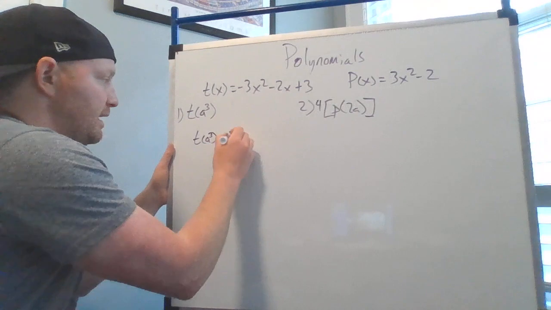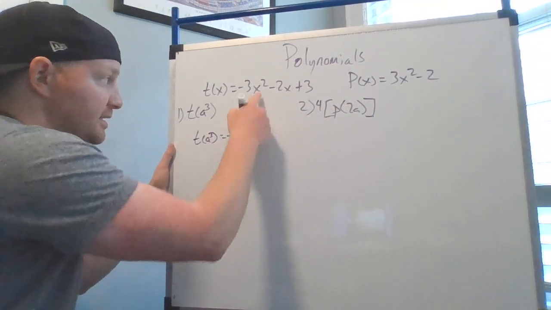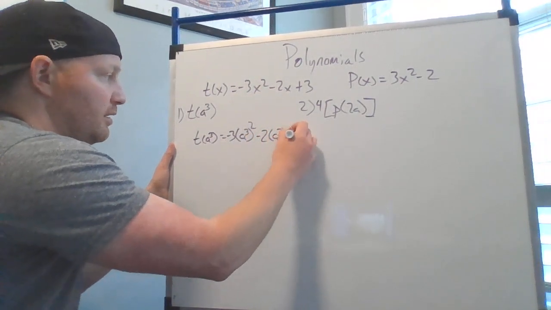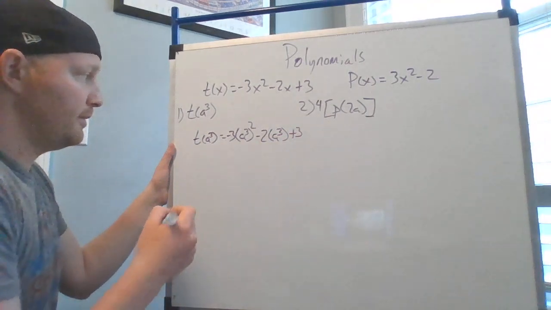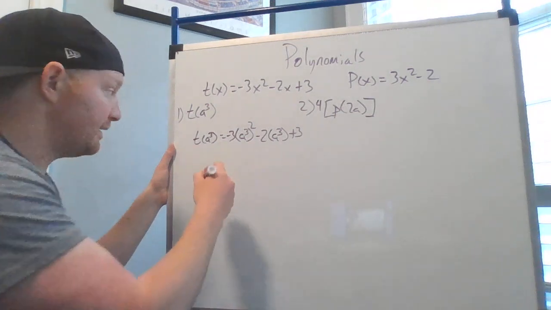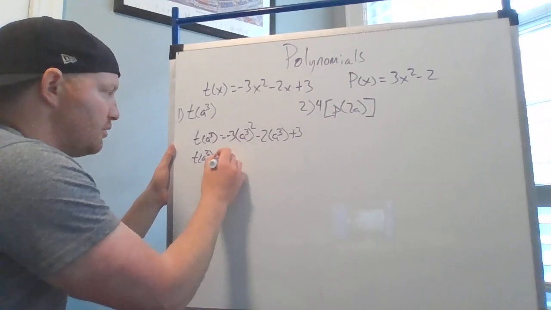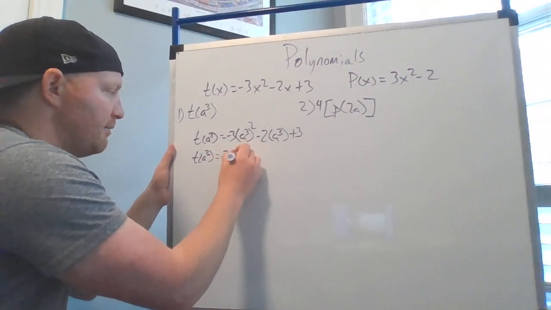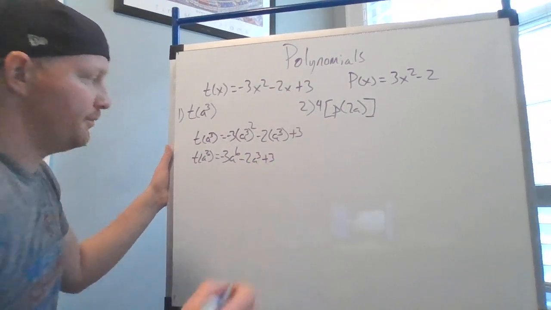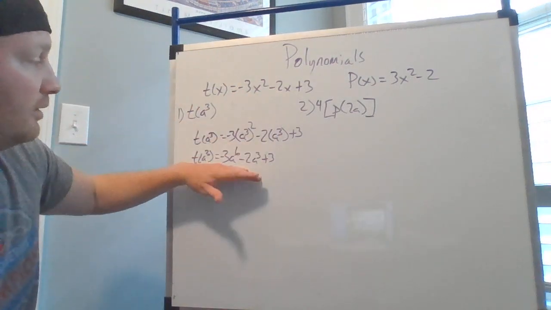It's -3 times, replace x with a to the power of 3, and this is still squared, don't forget that, minus 2 times a to the power of 3 plus 3, okay? Now remember the rules, a power to a power gets multiplied, don't forget that. So now I got t of a to the power of 3 equals -3a to the power of 6 minus 2a to the third plus 3. It's as basic as that, and you have just evaluated this polynomial.